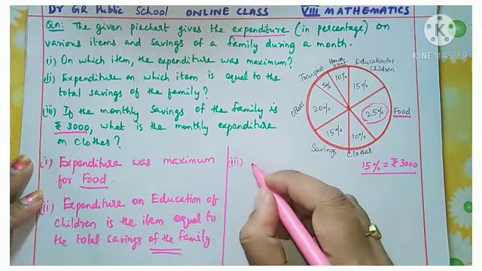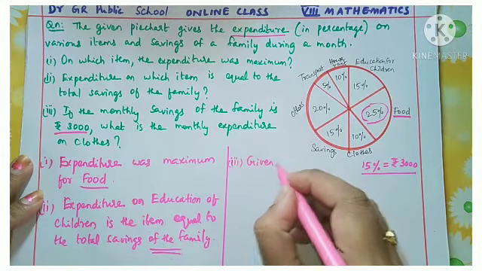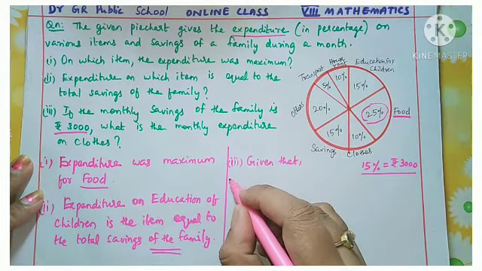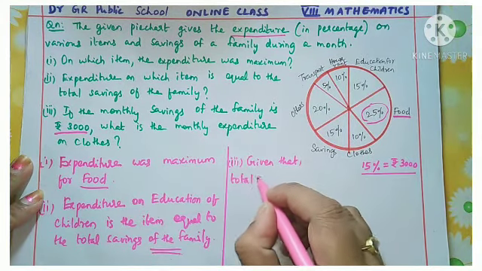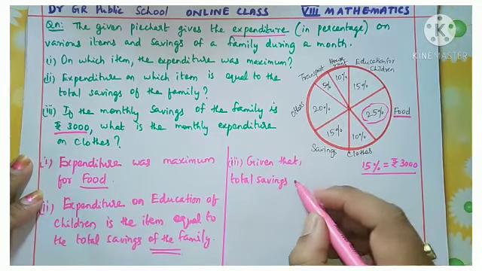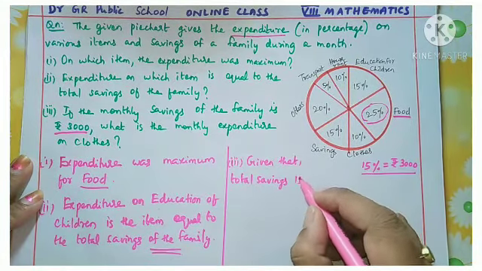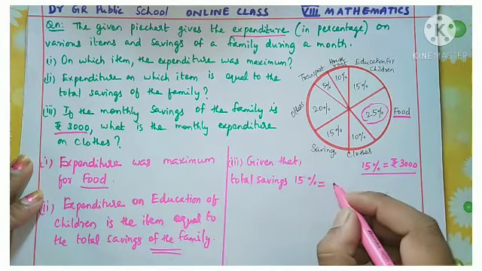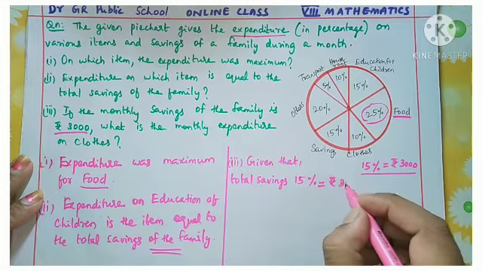Okay, so given that total savings 15%, that is from the pie chart, is equal to rupees how many? 3000.